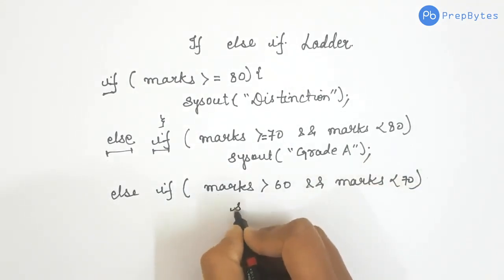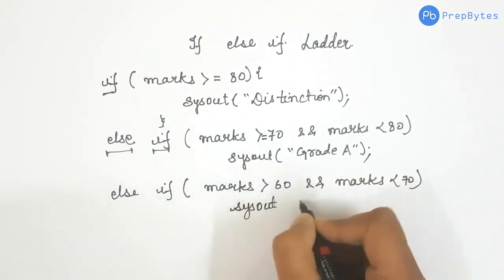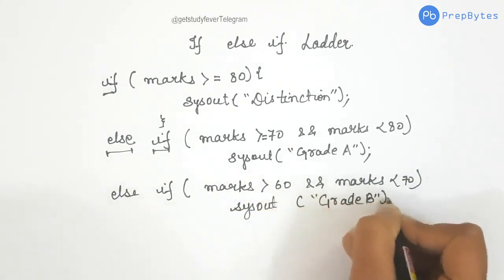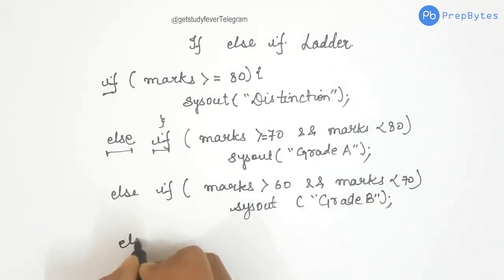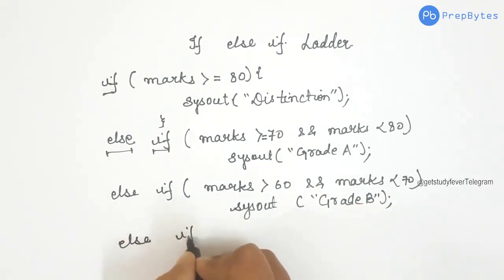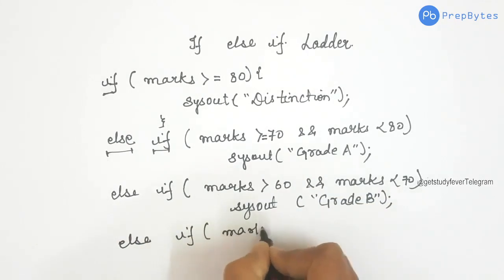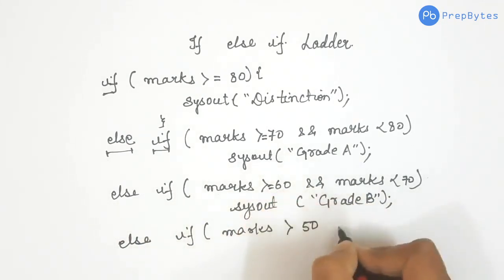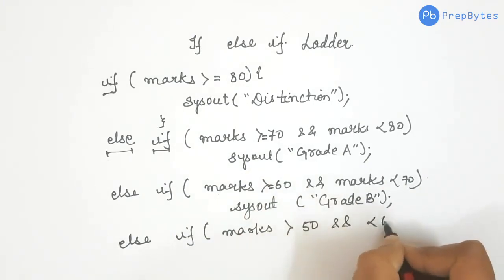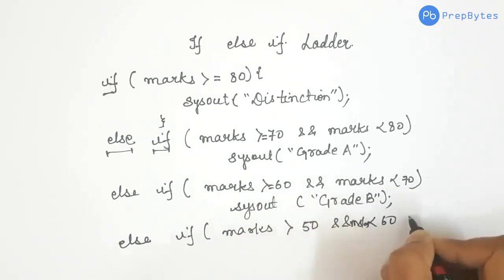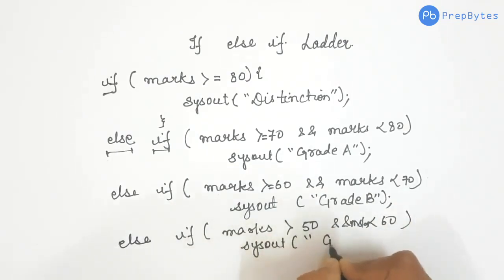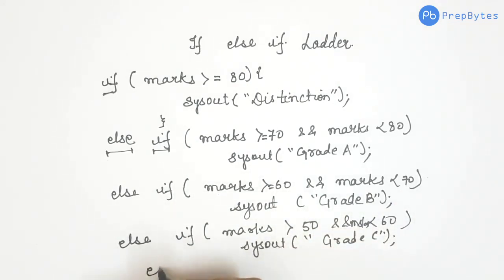Let's say I print grade B. Else if marks is greater than 50 and marks is, let's say, less than 60, we sys out grade C, and at the end we have an else block.